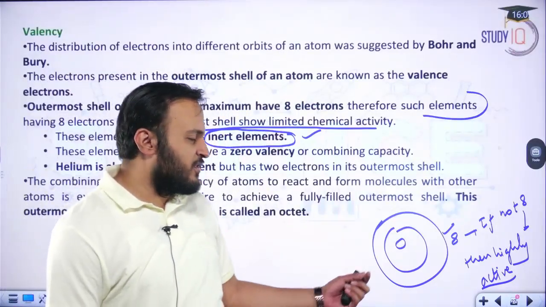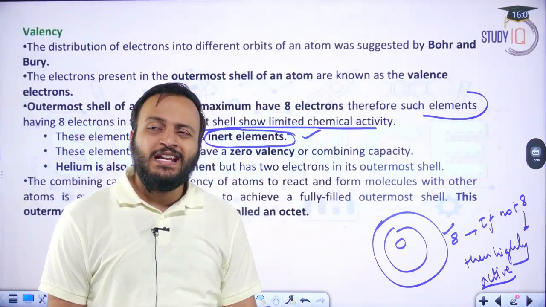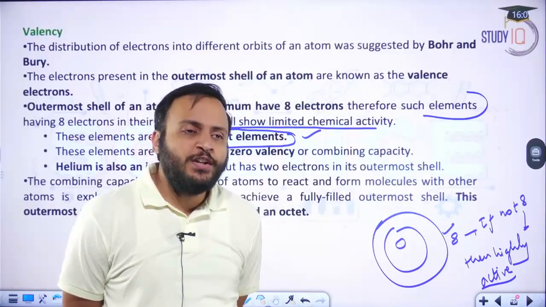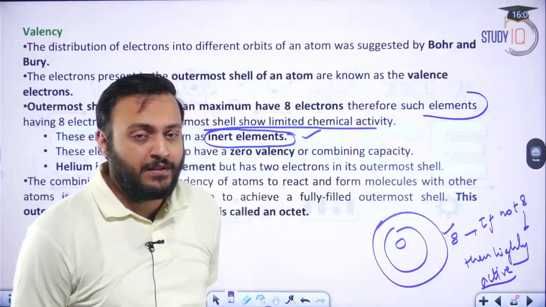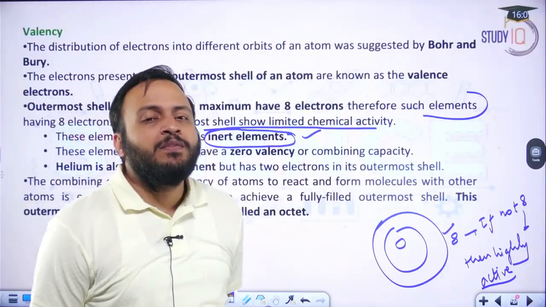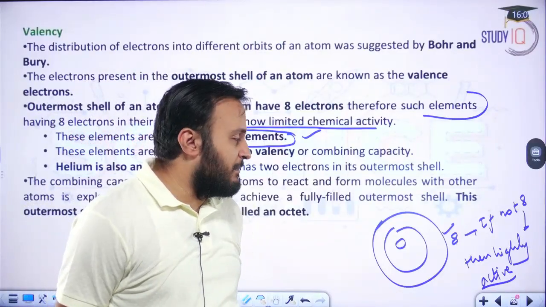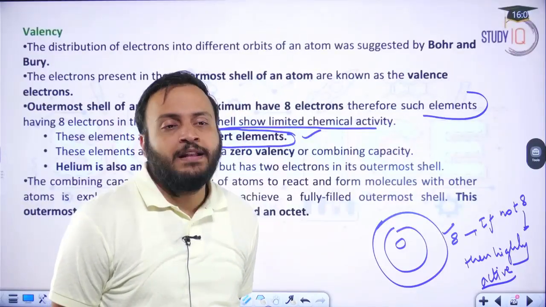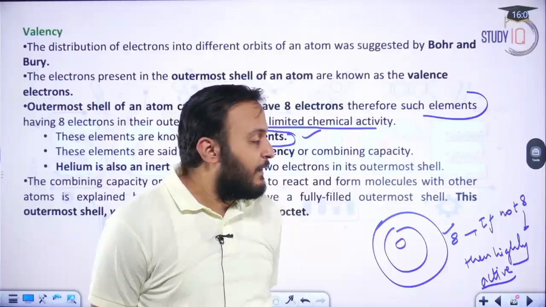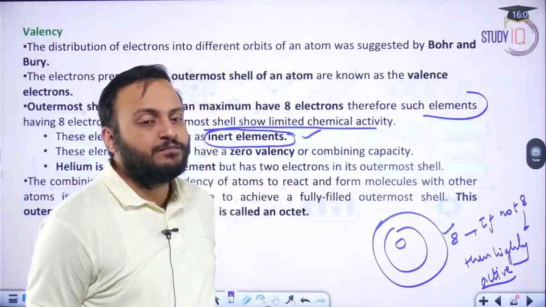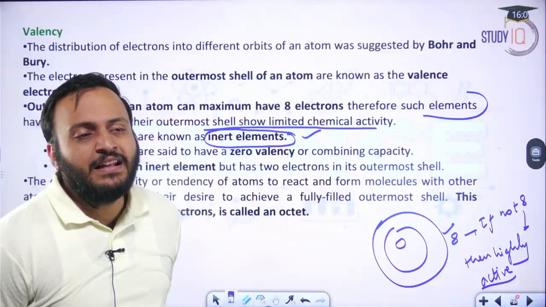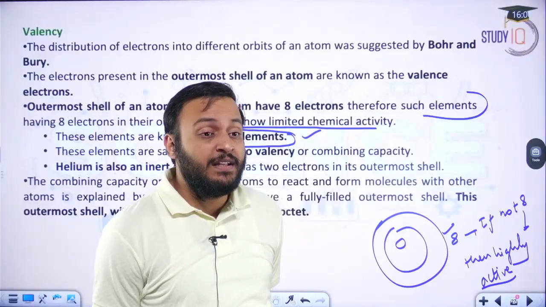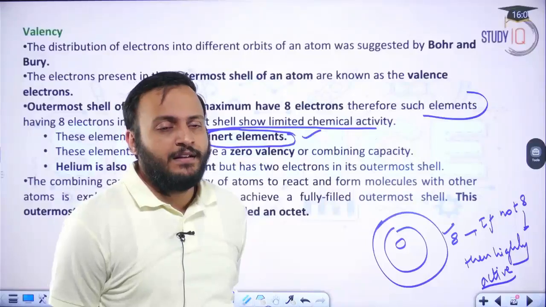Because just to fulfill that octet, suppose there is an element like sodium with atomic number, sorry, 11. The atomic number 11 means 2, 8 and 1. Only 1 is left, okay, which means that one single electron will be responsible for the conductivity and all of this particular element.